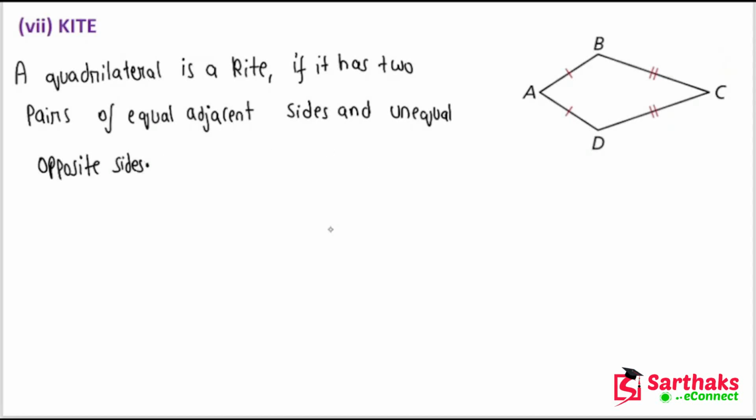So that is the definition of a kite, which simply says that a quadrilateral is called a kite if it has two pairs of equal adjacent sides.